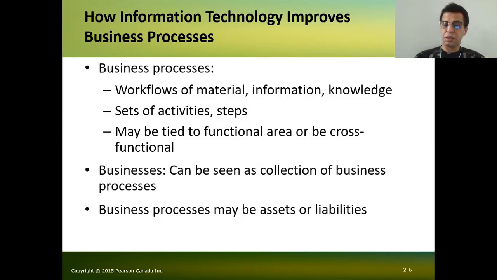A business can be seen as a collection of business processes, as we said, and business processes may be assets or liabilities. If a business process is inefficient or not necessary, that makes it a liability. And if it is part of an important activity, that makes it more important.